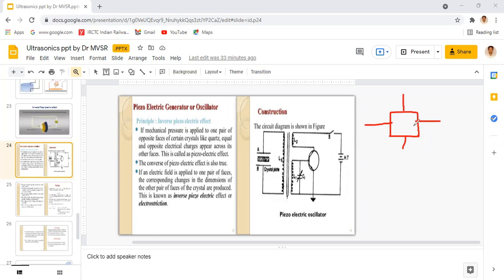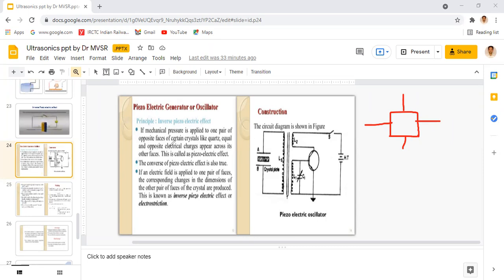That point is mentioned in this slide. If mechanical pressure is applied to one pair of opposite faces, in the perpendicular opposite faces the alternating potential difference will be produced. That is called the piezoelectric effect.